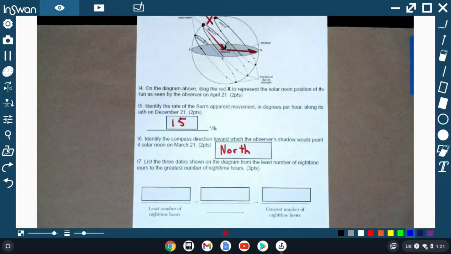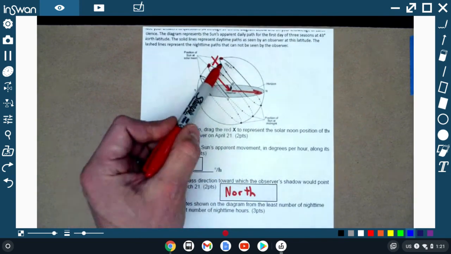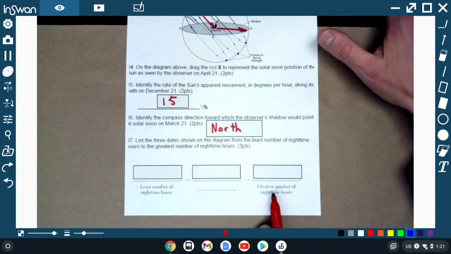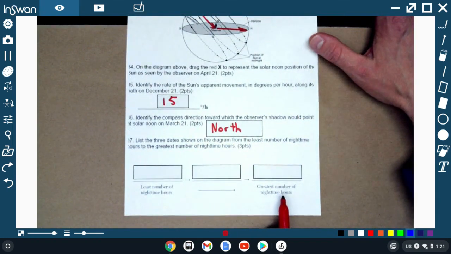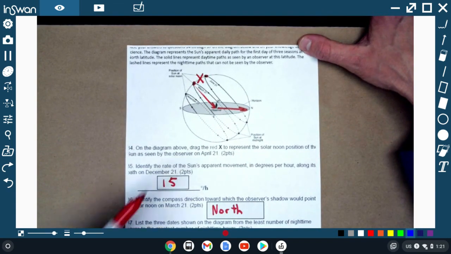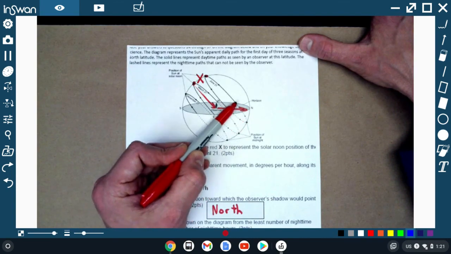Now, the last question here says, list the 3 dates shown on the diagram from the least number of nighttime hours to the greatest number of nighttime hours. Well, for the least nighttime, we're going to have to look for which one of these paths has the smallest amount of dotted lines, and the greatest number of hours is the one that has the longest path for the dotted line. And so if we take a look at this, if we look at June, it has the least amount of dotted lines.